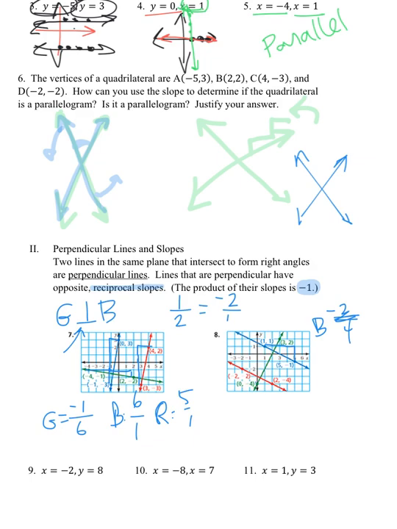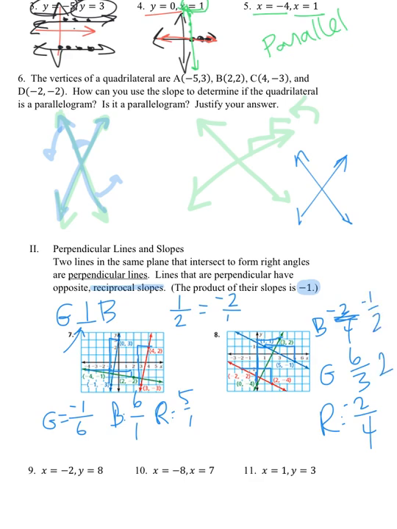Green is rise 1, 2, 3, 4, 5, 6, run 1, 2, 3. So green is 6/3, a slope of 2. And then red here is rise 1, 2, run 1, 2, 3, 4. Red is rise 2, so it's -2/4, so we have a -1/2.